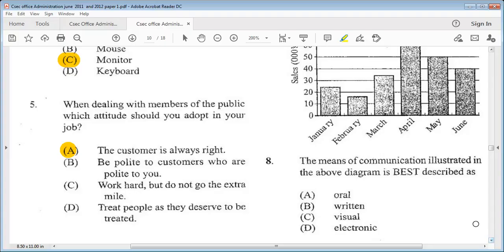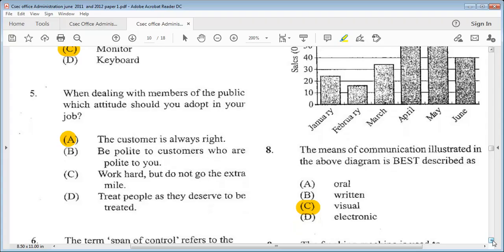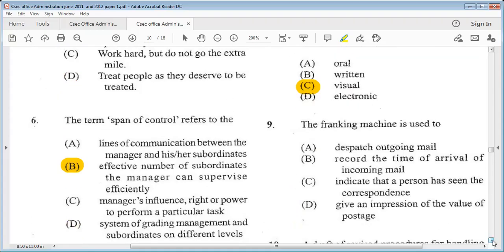Well, we know it's not oral. Nobody's speaking. It's a diagram, a representation of something. So we are using our eyes to see. So it is visual. Okay, let's go on to 9.